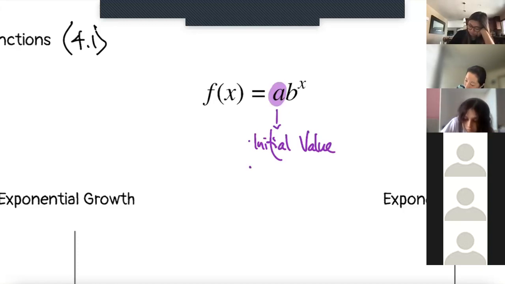We might also think about this as the y-intercept. All right, so as we're taking a look at the equations, if we see a number for A, we want to think, oh, that is the initial value, or that is the y-intercept, okay?